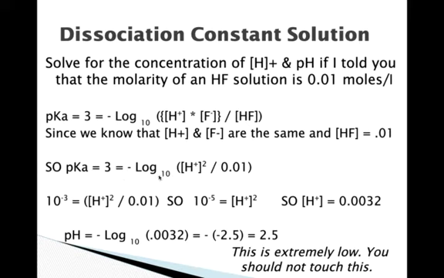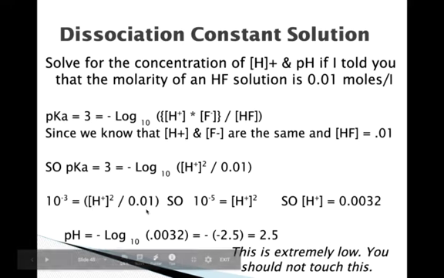We get rid of the log first by shifting back to exponential form, so base 10 raised to the negative third power, negative because we moved this negative sign over here. It's really easy to miss the negative sign, so make sure you always take note of that. That would be equal to this inner number, the concentration of hydrogen ions squared, divided by the 0.01.